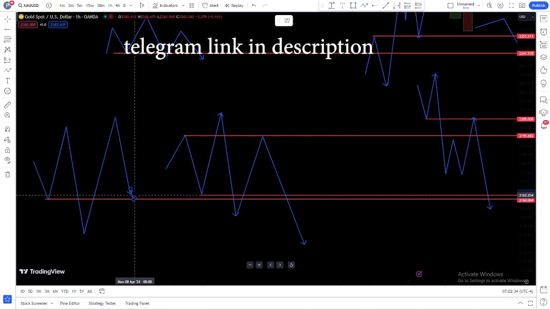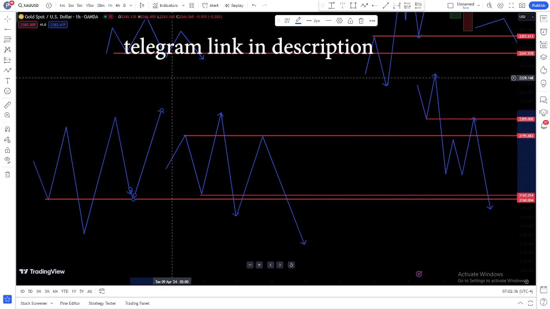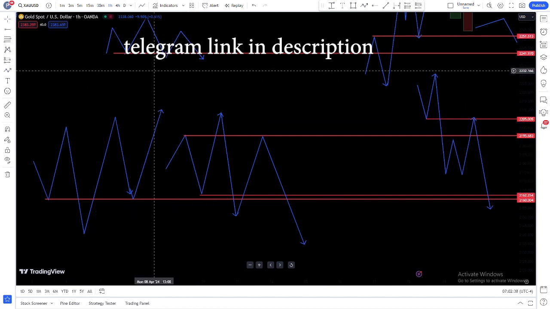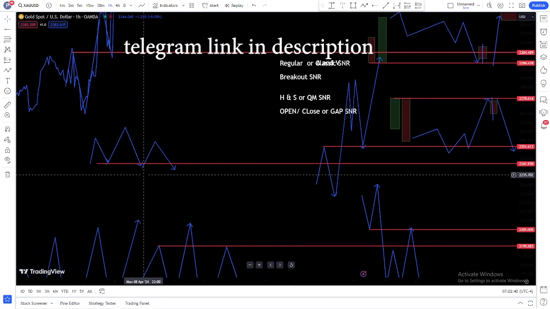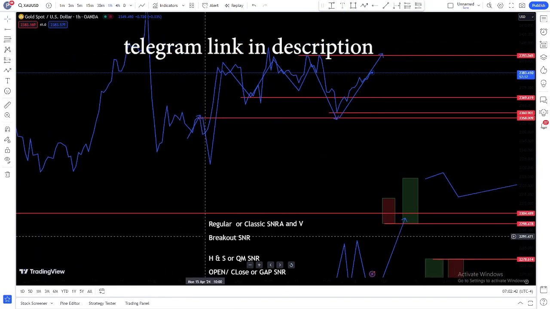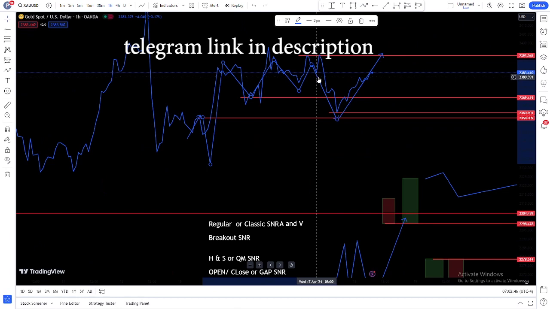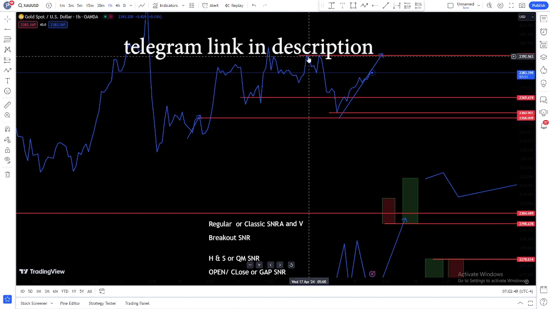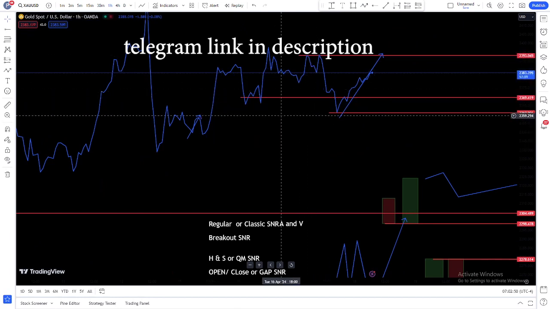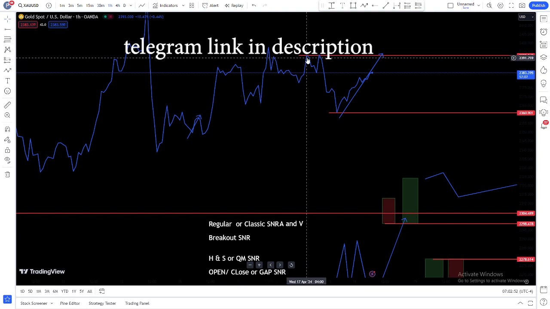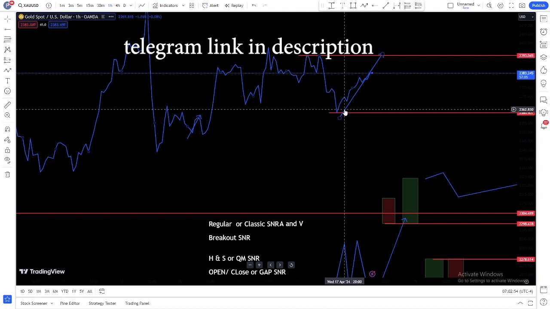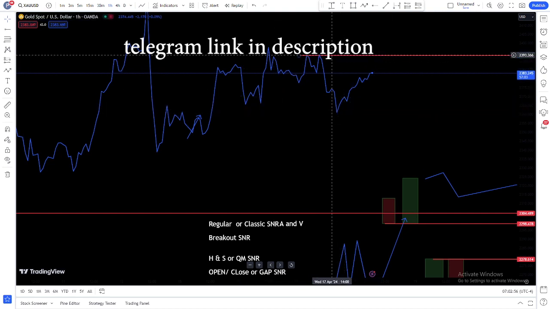Let's go to the line chart. Line chart is easy to understand or look for any kind of QM we are seeing on the market. Like here, let's delete everything we have here. Look at this one. In a sense, we can say this is a QM pattern also.